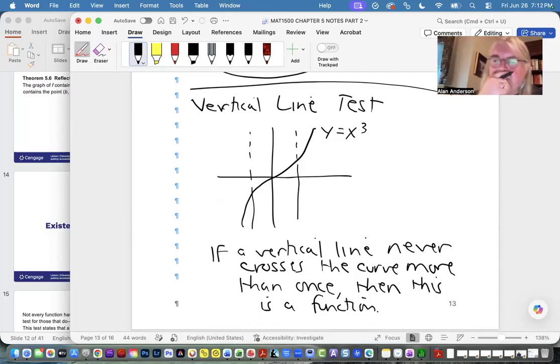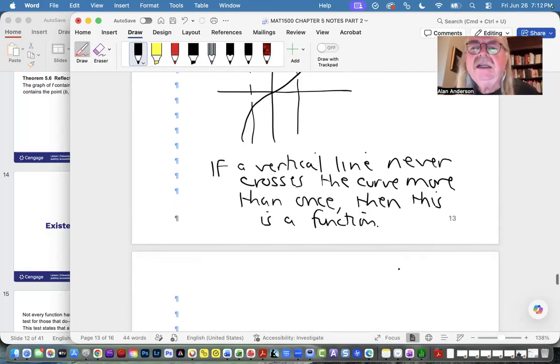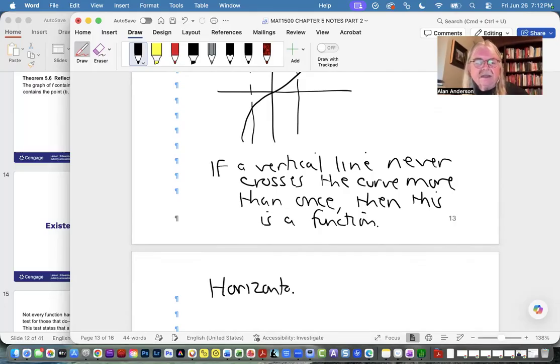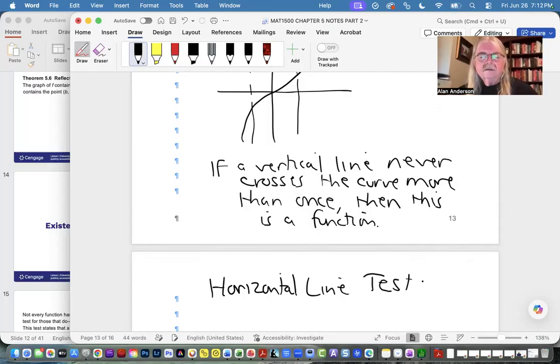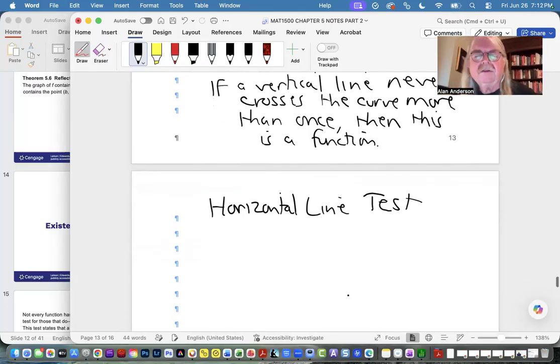But it turns out there's another test we can do to see if a function is one to one, and it's called the horizontal line test. All right, so here's how this works.